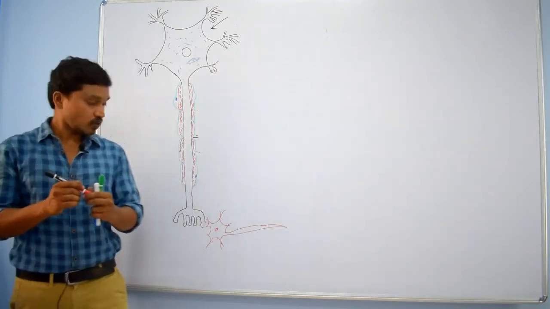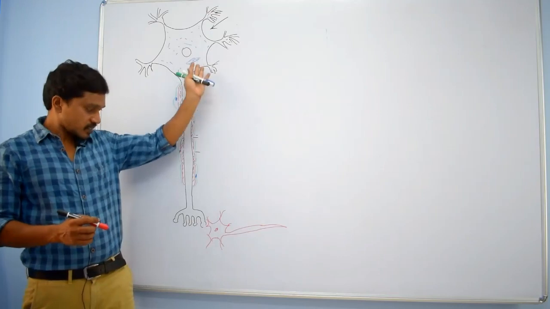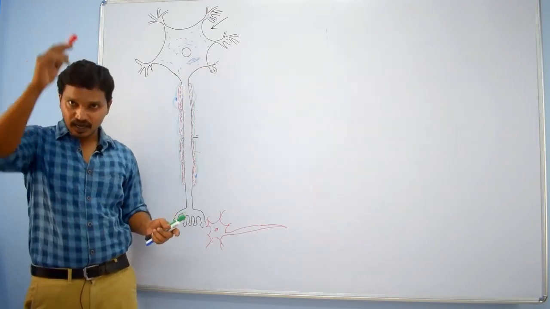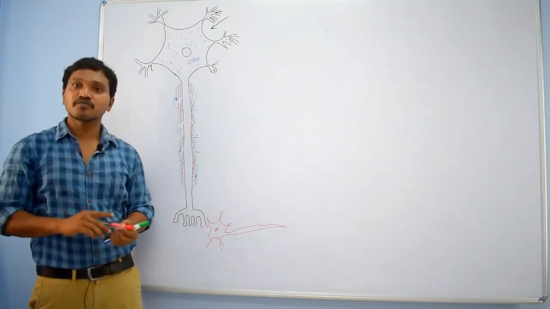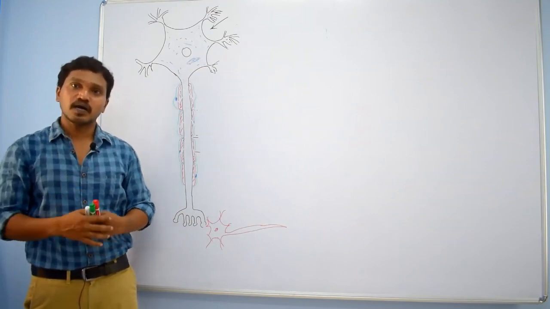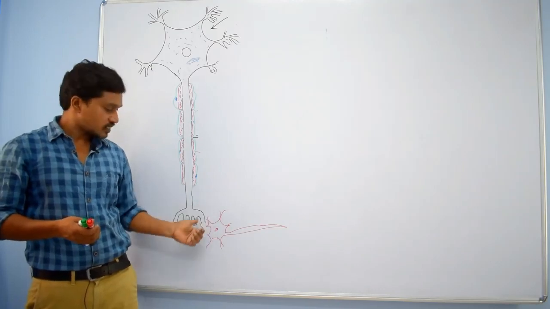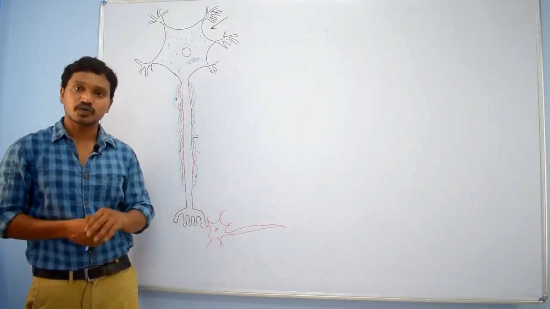Right? So synapses make all the neurons into long chains for the conduction of impulses. Clear? And if you want a definition, it is a junction between two neurons.